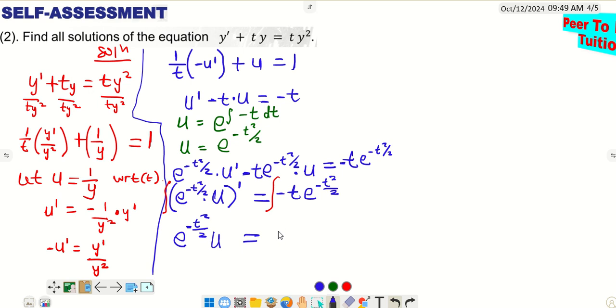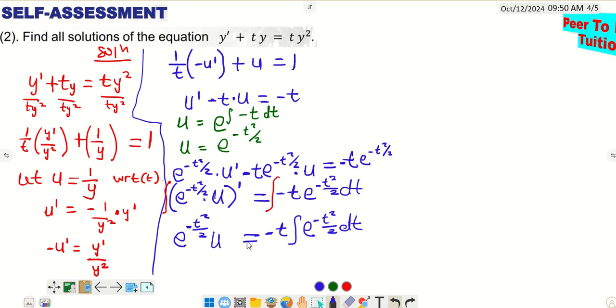To integrate this, I'll bring the negative t out, then I will integrate e^(-t²/2). There is a dt here, dt.